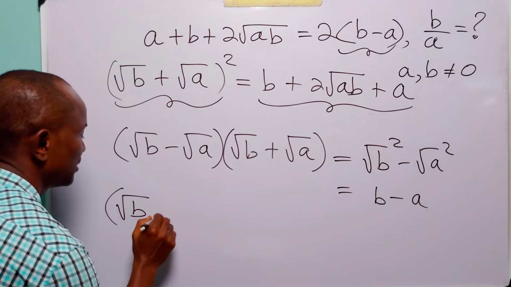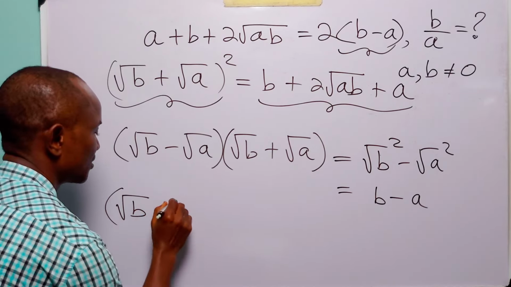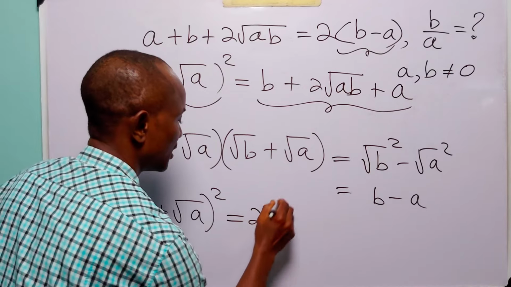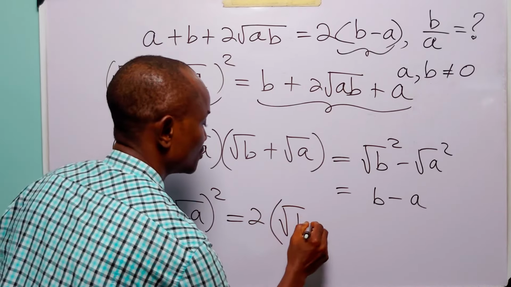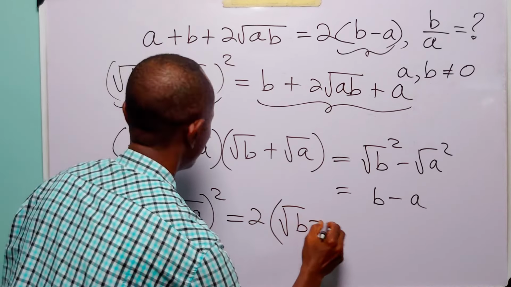So that simply means that the original equation can be written as root b plus root a squared is equal to 2 into root b minus root a multiplied by root b plus root a.